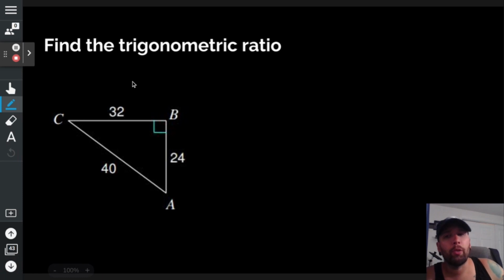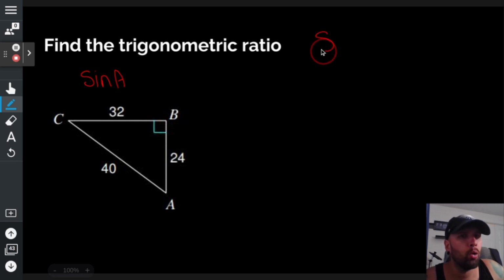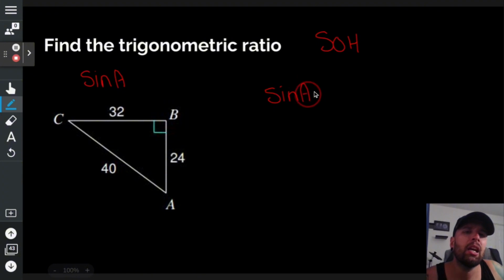Find the trigonometric ratio again. Okay, let's make one up. Let's do sine A. SOH CAH TOA: the SOH part stands for the sine of A equals the opposite over the hypotenuse.